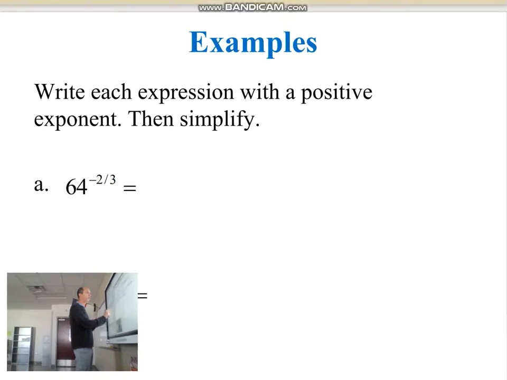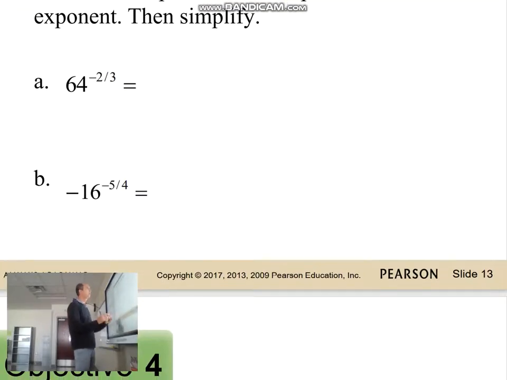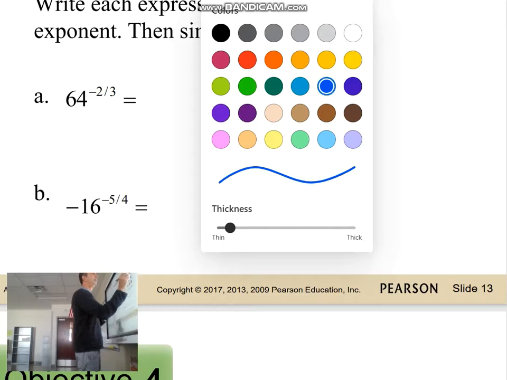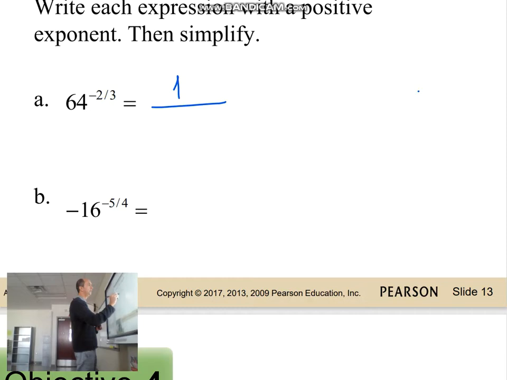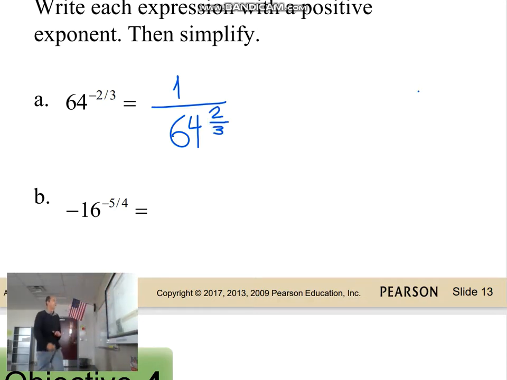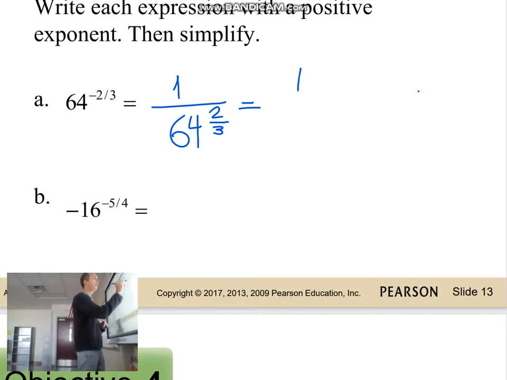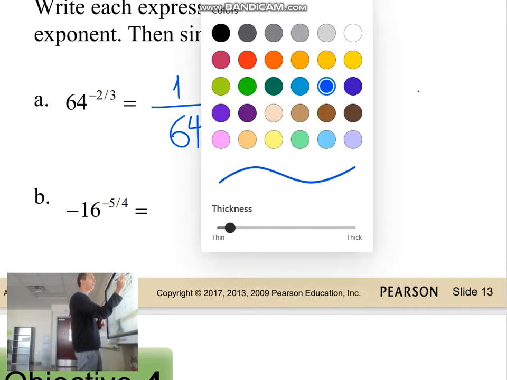So let's work on a few examples and try to understand how to use the different forms. 64 exponent negative 2 over 3, we can rewrite as 1 over 64 exponent 2 over 3. Okay, this numerator we can write as 1, and we have seen this before, right? Check the exponent 2 over 3.